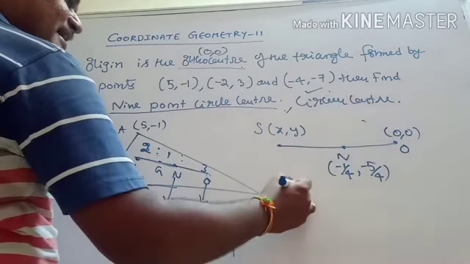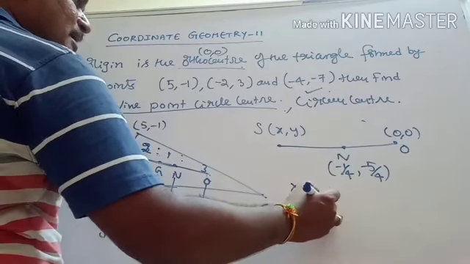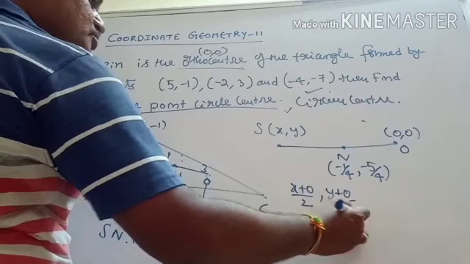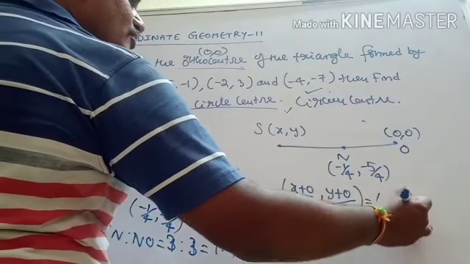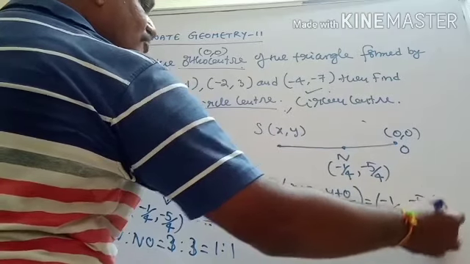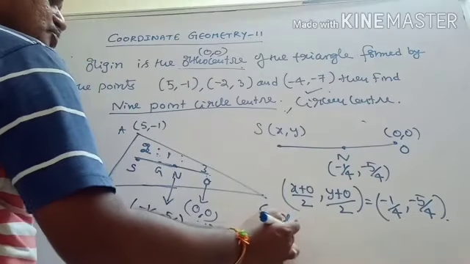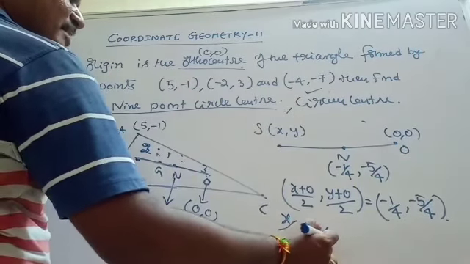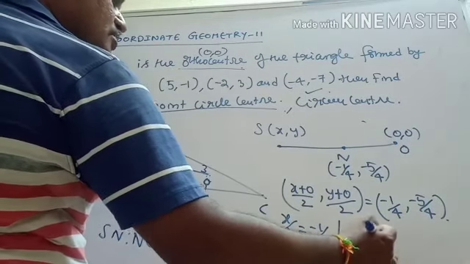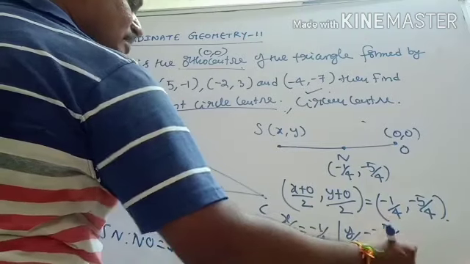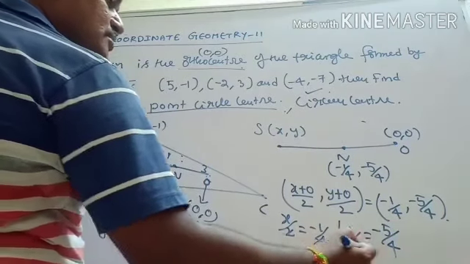That means x plus 0 by 2 comma y plus 0 by 2, this is equal to minus 1 by 4 comma minus 5 by 4, like this. X by 2 is equal to minus 1 by 4, and y by 2 is equal to minus 5 by 4, like this. Now 2 ones, 2 twos, right, like this.